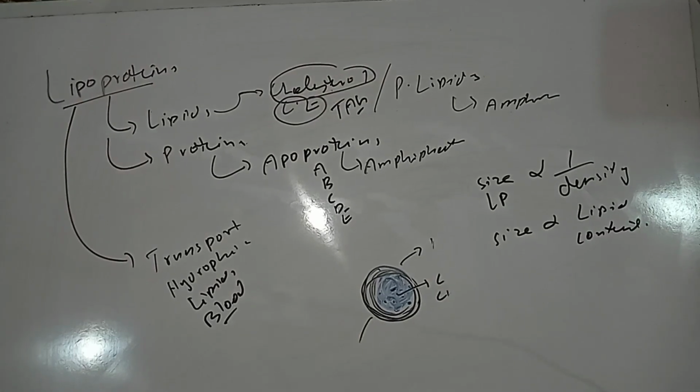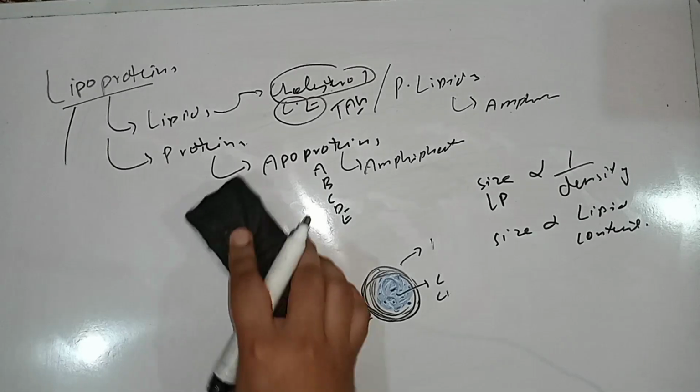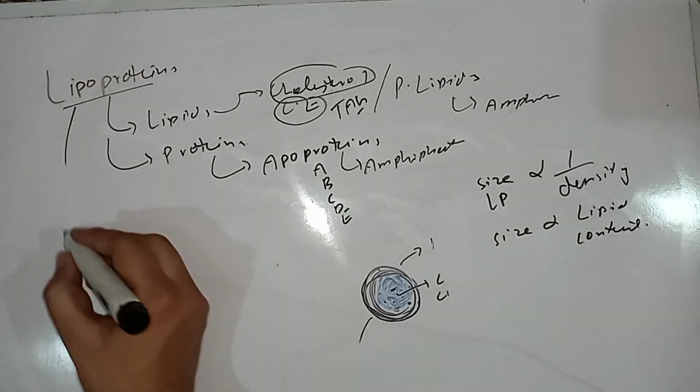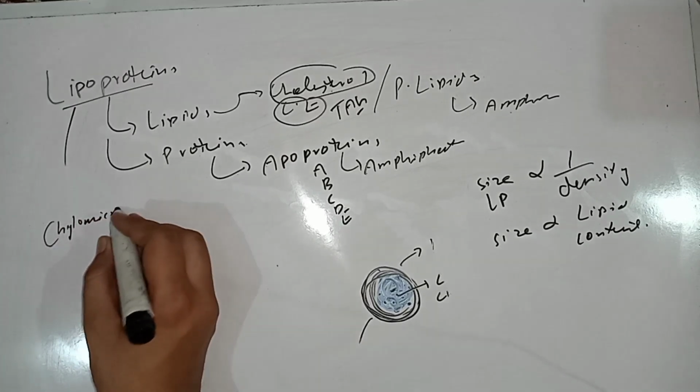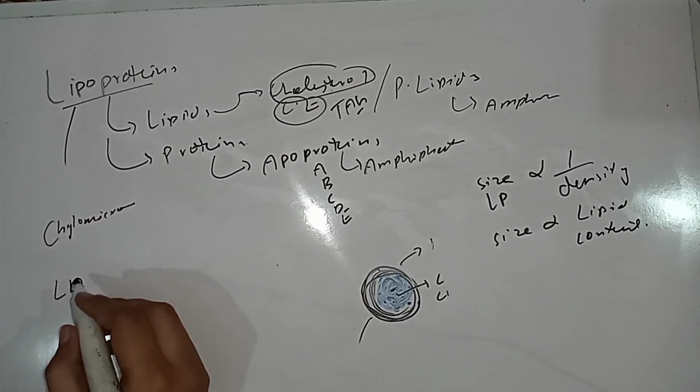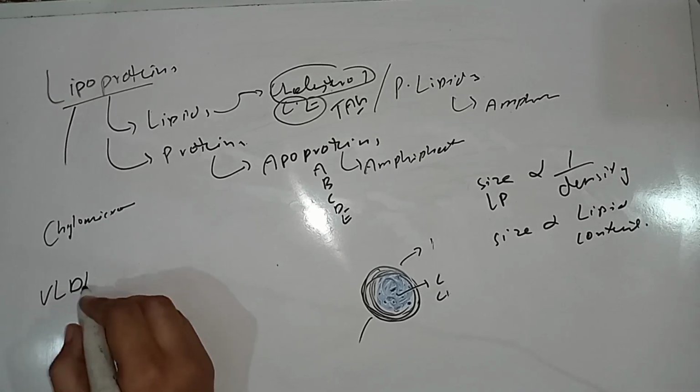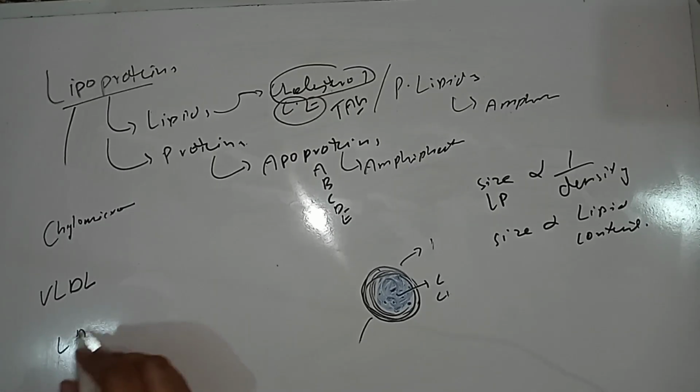Now we come towards the types of lipoproteins. Types of lipoprotein include chylomicrons, very low density lipoprotein, low density lipoprotein, and high density lipoprotein.